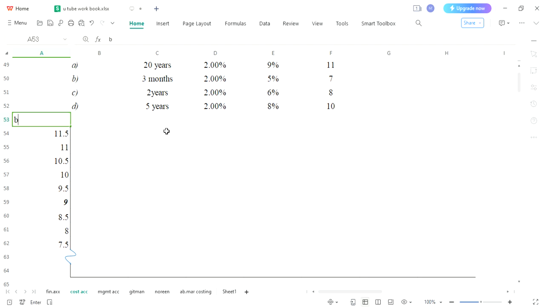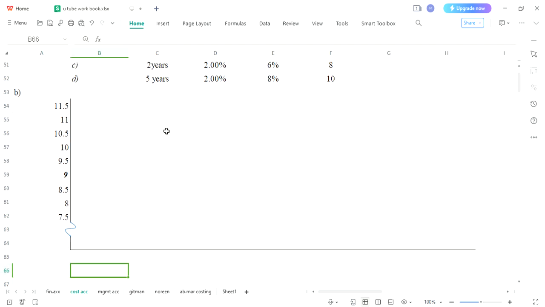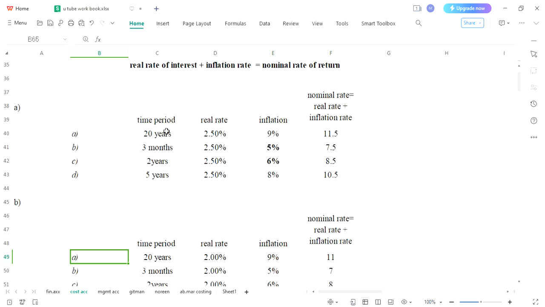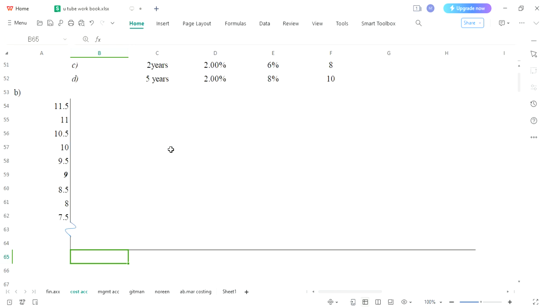I mean, their inputs are completed for B part, and on x-axis what you will do, you need to put these years, and obviously these years are needed to put in a sequence 1 to 20 years. So 5 table, 4 table, okay, we are choosing 4, 8, 12, 16 and 20.